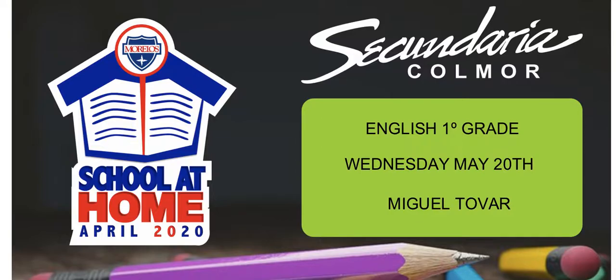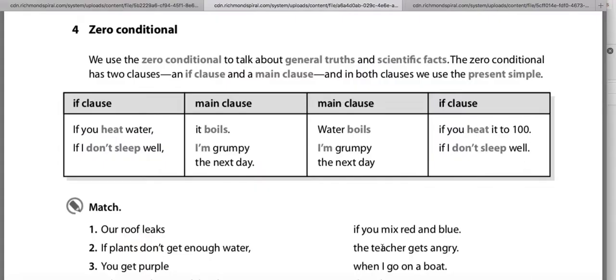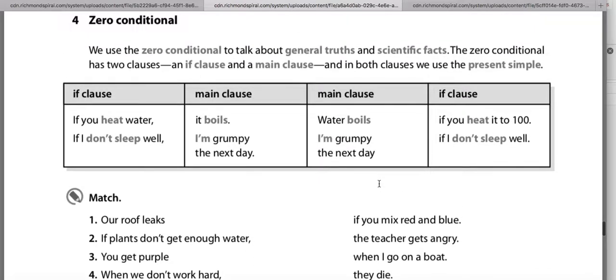Are you ready? Okay. Well, let's start, guys, with the zero conditional, and let's remember a little bit with the grammar reference. Don't forget that we use the zero conditional to talk about general truths and scientific facts.